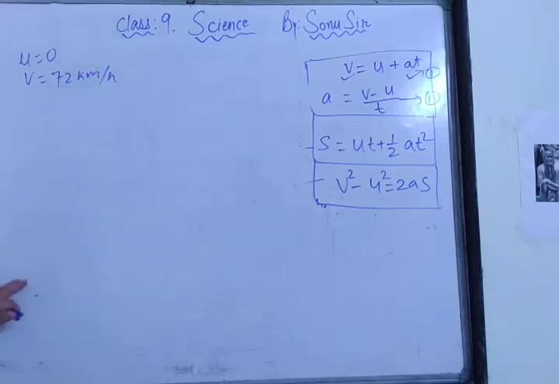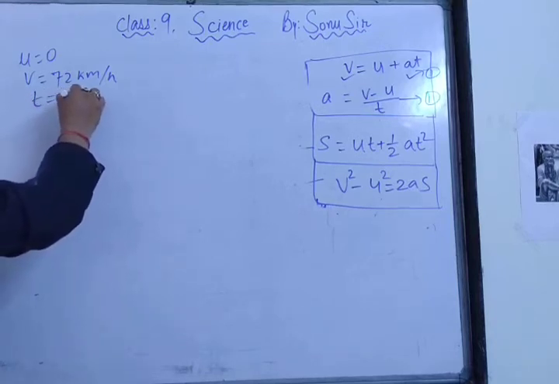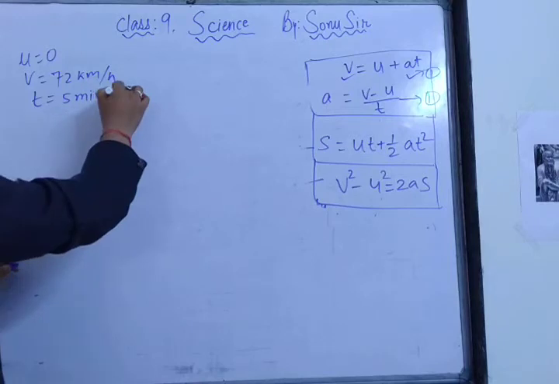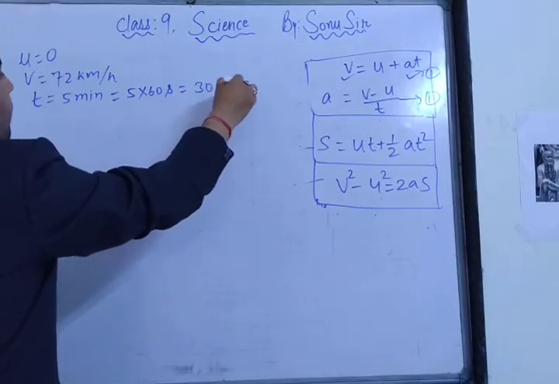Got it? Now assume in 5 minutes it attains the velocity of 72 kilometer per hour, meaning t is equal to 5 minutes. Can we convert this minute into seconds? Definitely, what will be the value? 5 into 60 seconds, that is equal to 300 seconds, right?